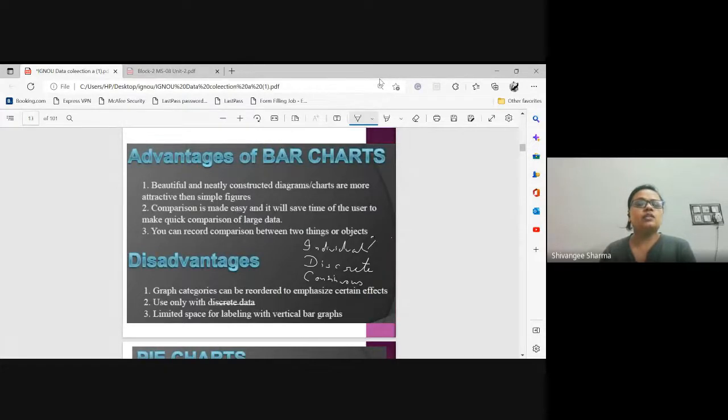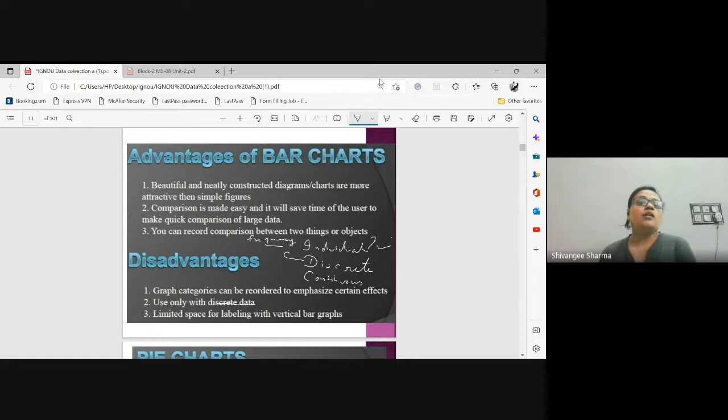An individual data set is like that we have collected the height of 60 students, and the 60 quantities are being displayed in front of you. That is individual data set. And in discrete, there comes the frequency. Frequency is basically the redundancy, the number of times that particular item is being repeated.